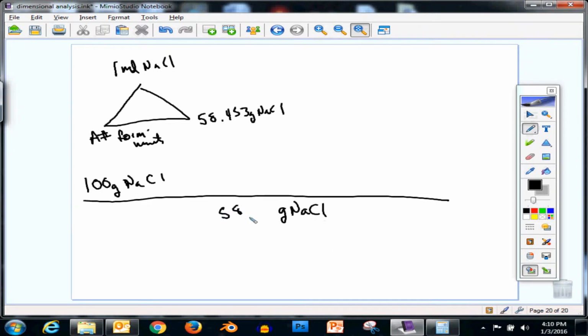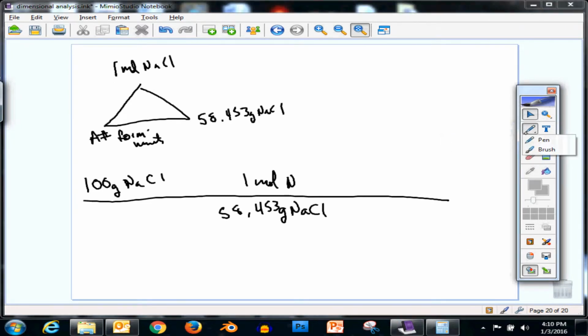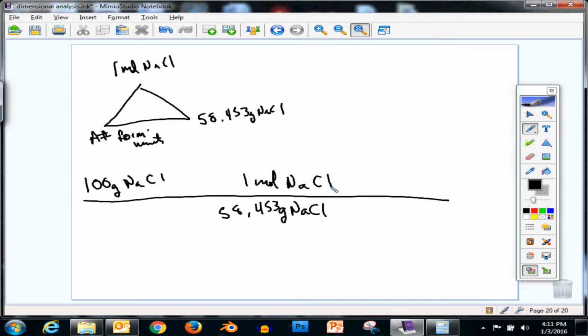Grams NaCl, and that number is 58.453. And what goes on top? 1 mole. You really have to write the NaCl, because we're going to be doing this with multiple chemicals later on down the road.